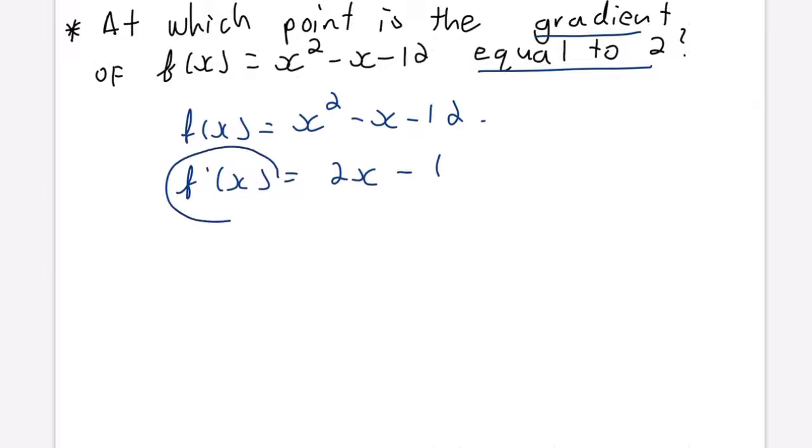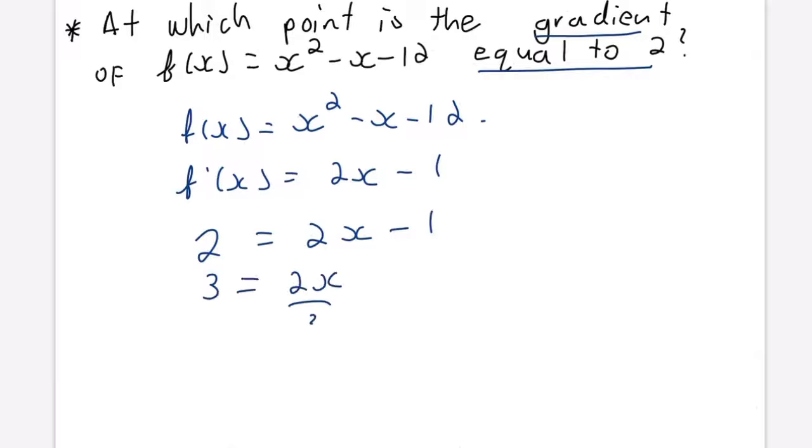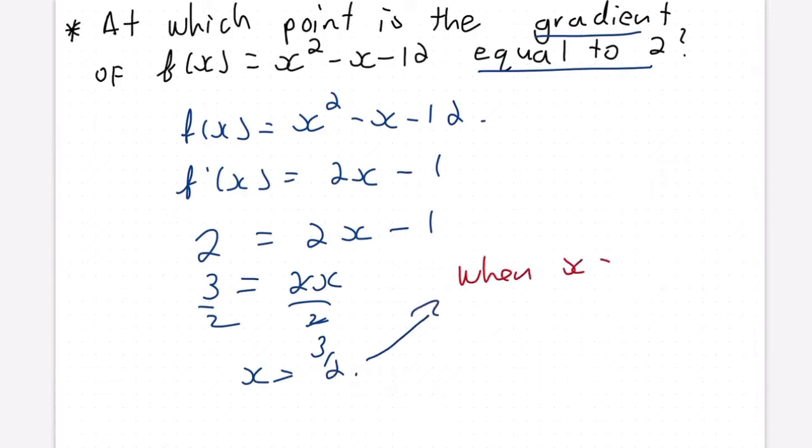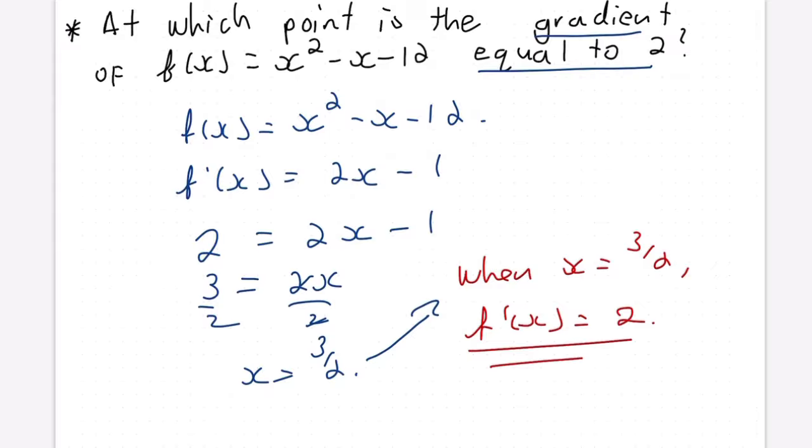So I'm going to replace this with 2 to find the x value that has a gradient of 2. Okay, so then I get 2 plus 1, which is 3, is equal to 2x. Divide both sides by 2, and I get that x is equal to 3 over 2. What does this mean? When x is equal to 3 over 2, f prime of x is equal to 2, or the gradient is 2.